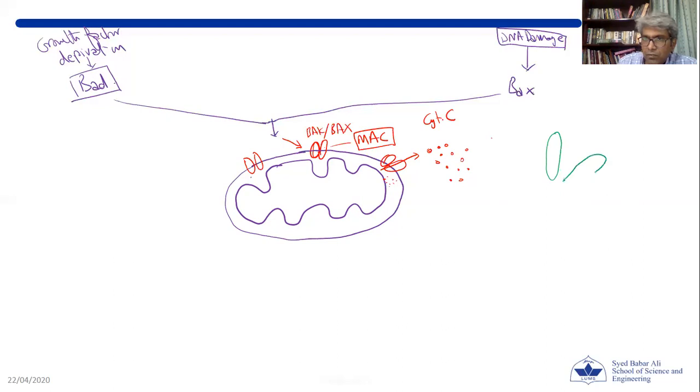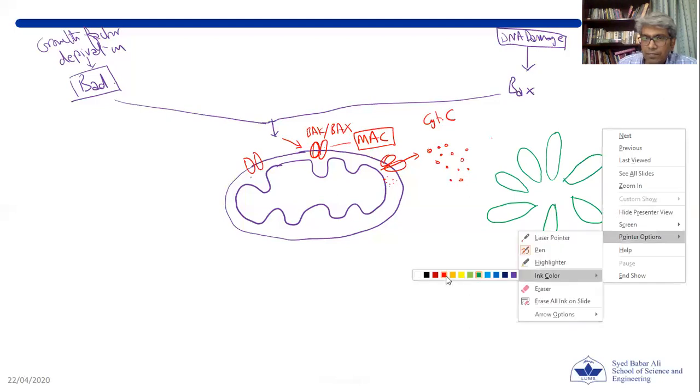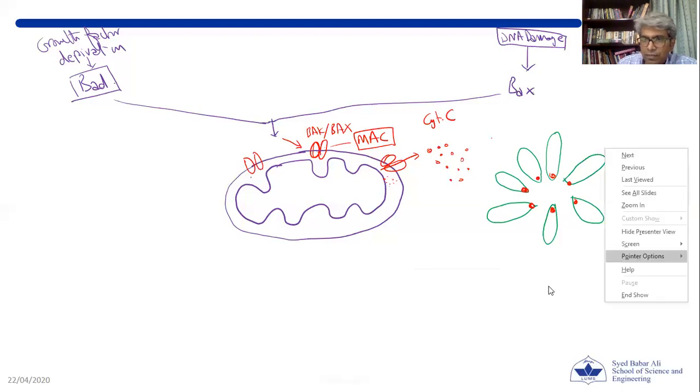1, 2, 3, 4, 5, 6, and 7. And then 7 different molecules of, let's say, cytochrome C bind here. And then it also binds to 7 different molecules of caspase 9.